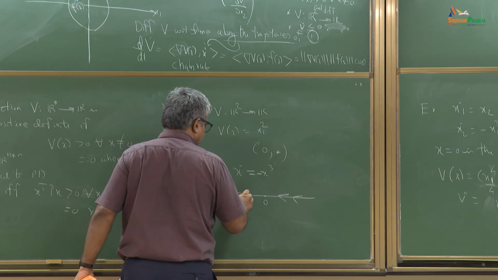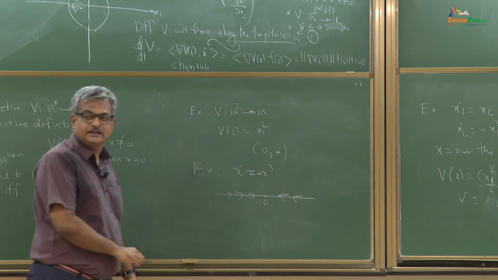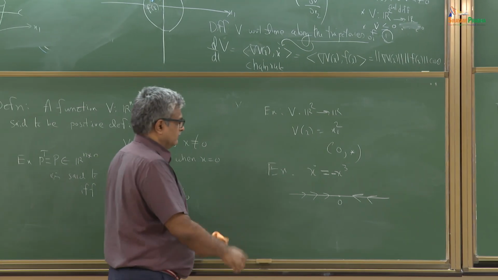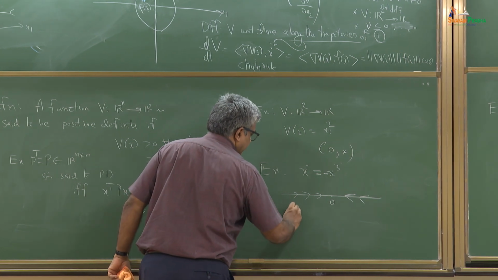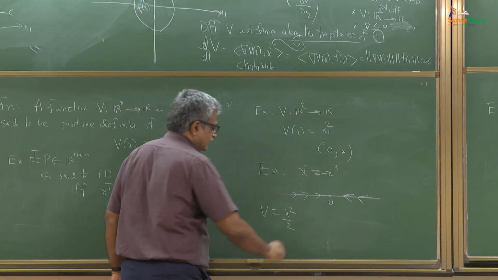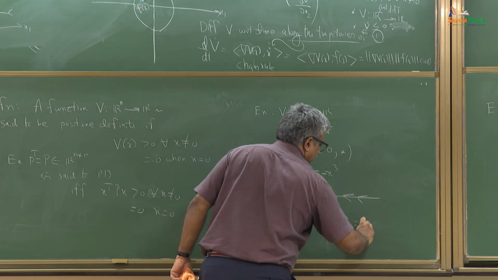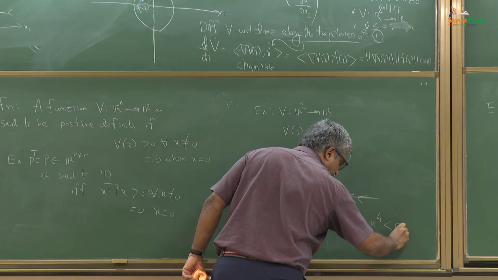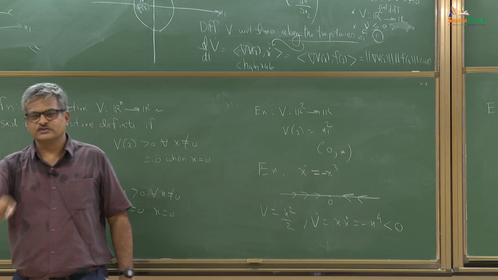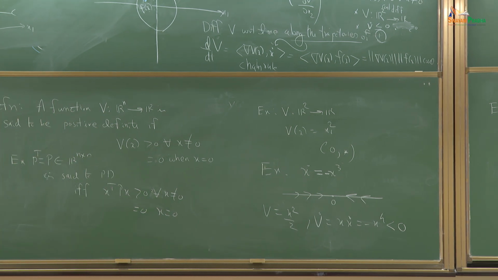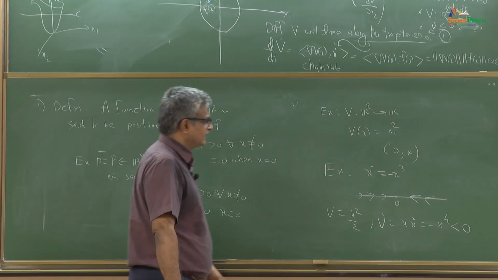For x negative also, the vector field will all point this way, right? You can construct just a quadratic for this, which is negative definite because you got x to the power 4, which is negative.